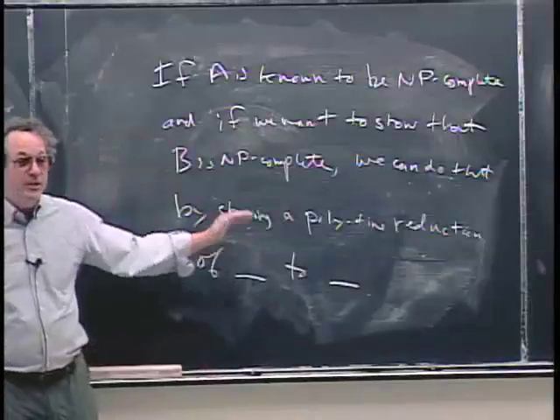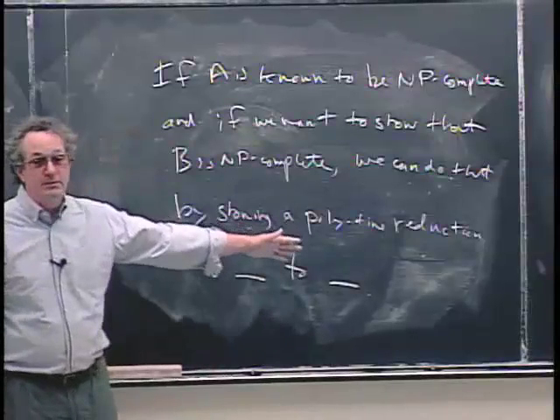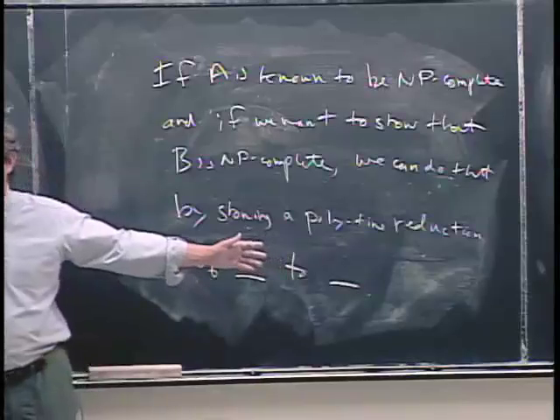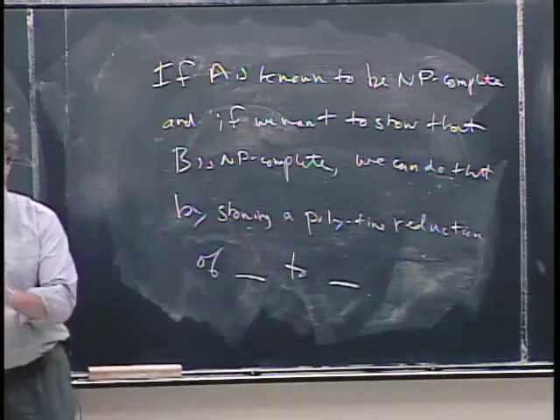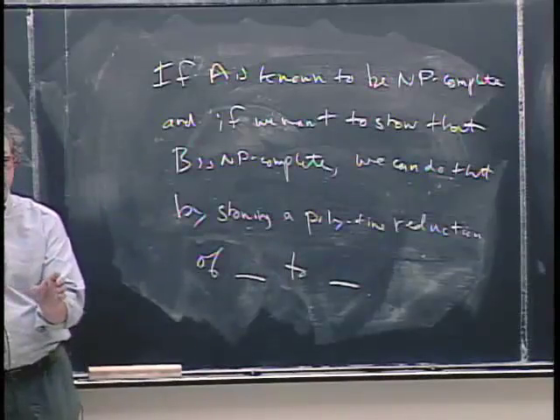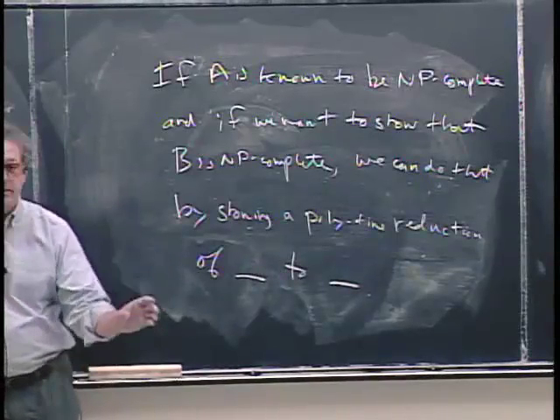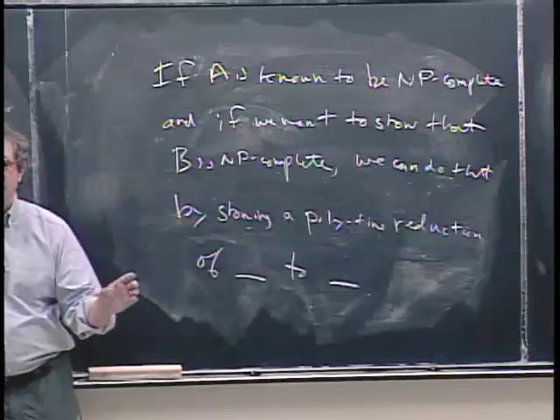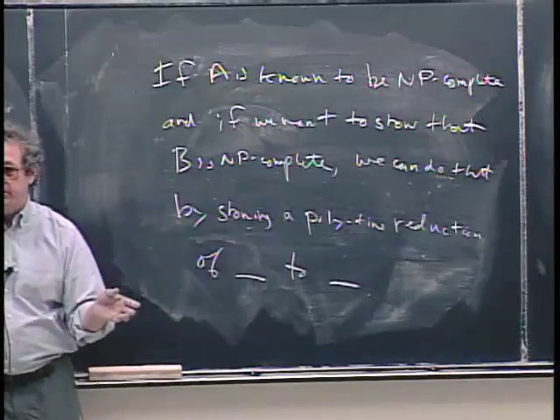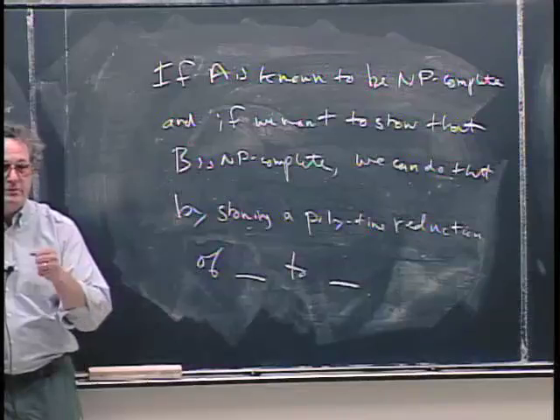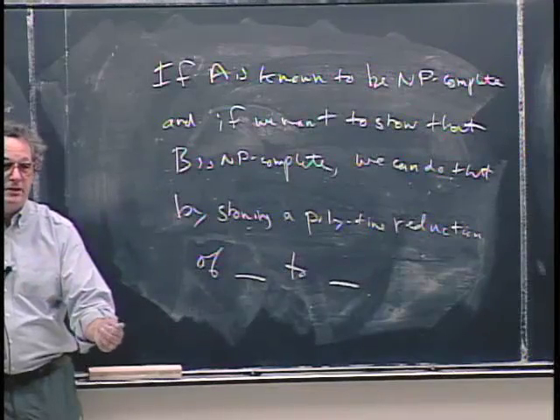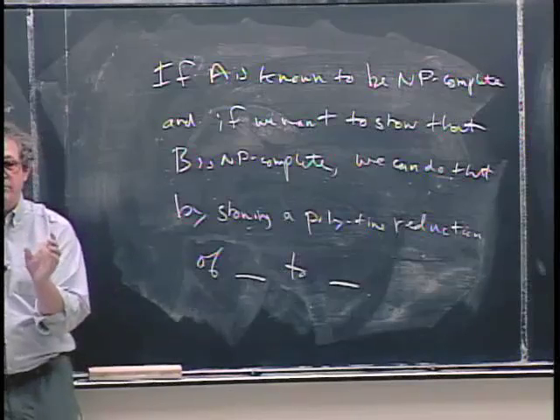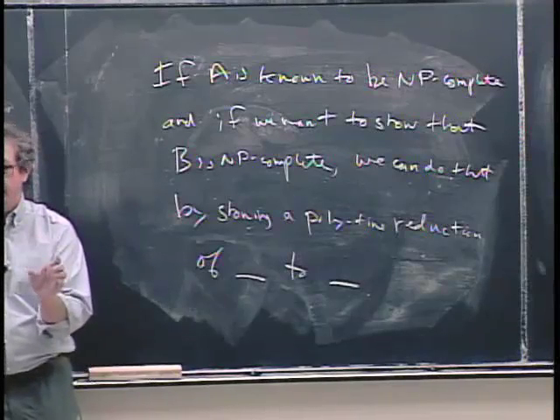Okay, the logic here is identical to the logic of what we were doing when we were talking about proving undecidability. If we have one language which is known to be undecidable, and we want to prove that another language is undecidable, we can do that through the mechanism of reduction. But you've got to be clear on which language reduces to which in order to get that done. Now, playing the role of undecidable is NP-complete.